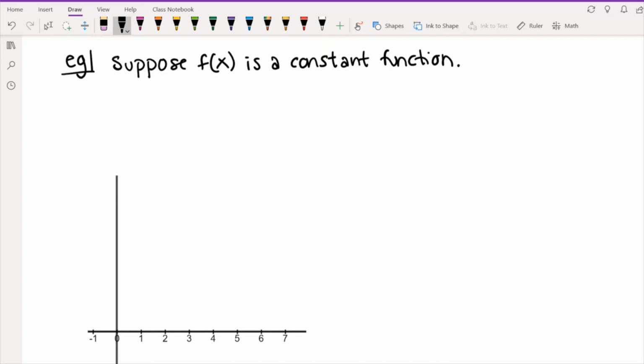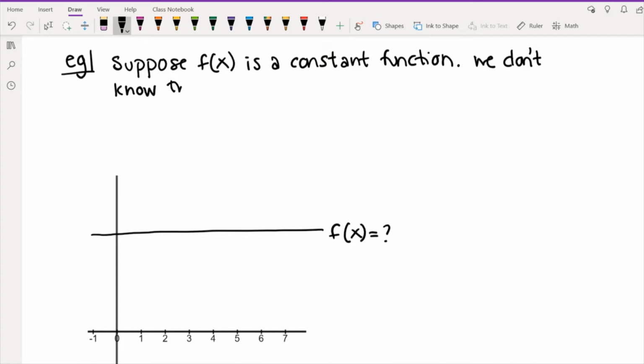So we have some kind of constant function, and I'll just sketch something in here, and we have no idea what the height of that function actually is. So I'm going to write that down. We don't know the height of f of x. We don't know what number it's actually equal to.